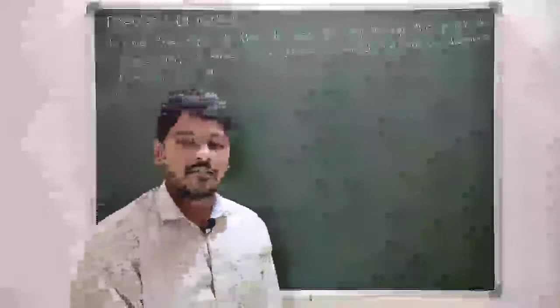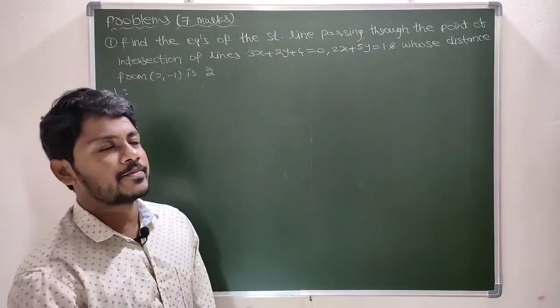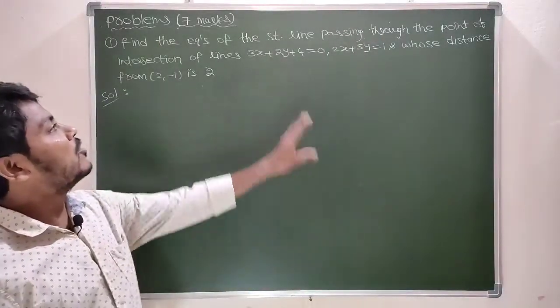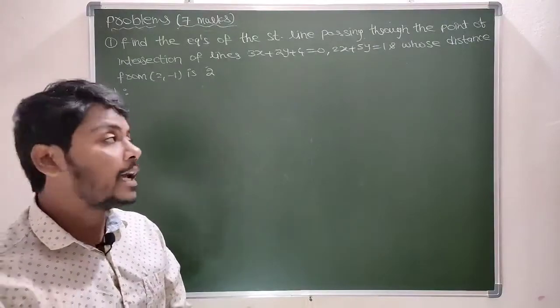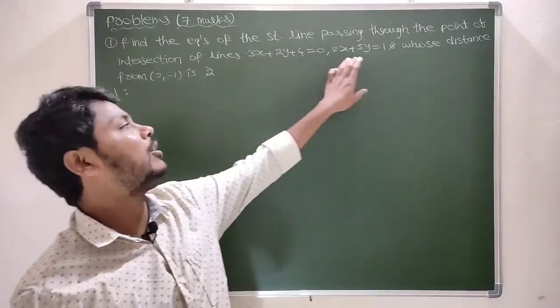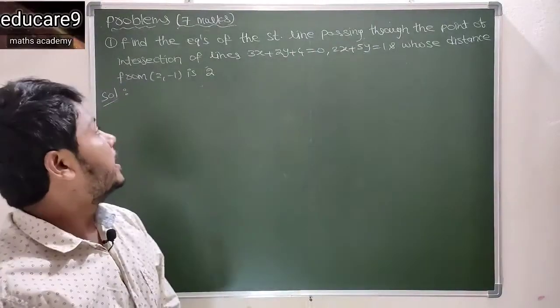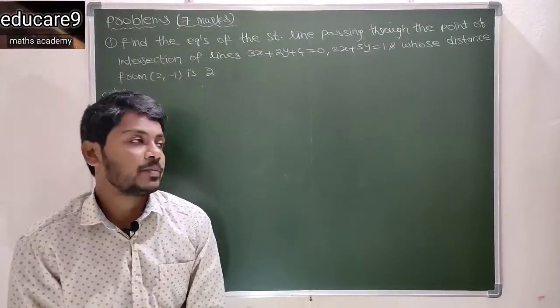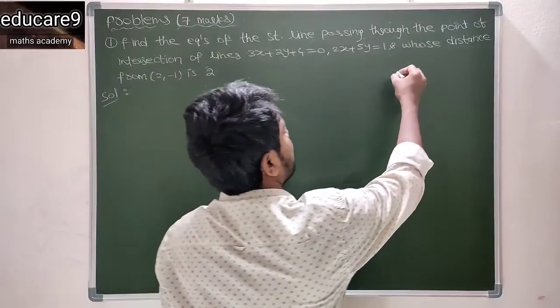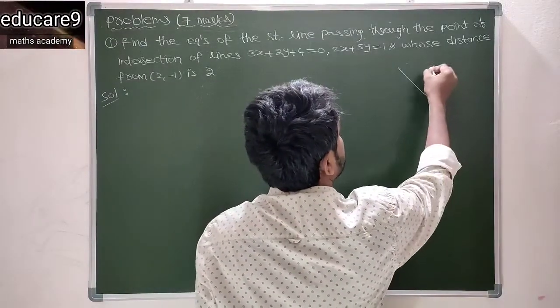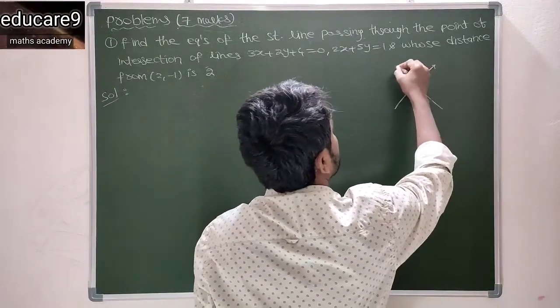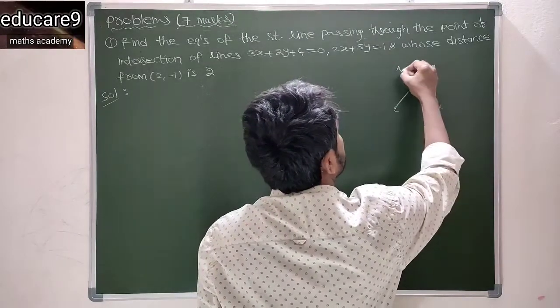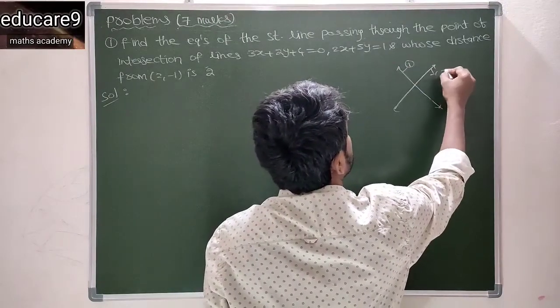Hi, hello everyone. For this session, we will discuss a few problems. So, see the first problem. Find the equation of the straight line passing through the point of intersection of two lines and whose distance from the point (2, -1) is 2. These are the given equations, this is equation 1 and this is equation 2.